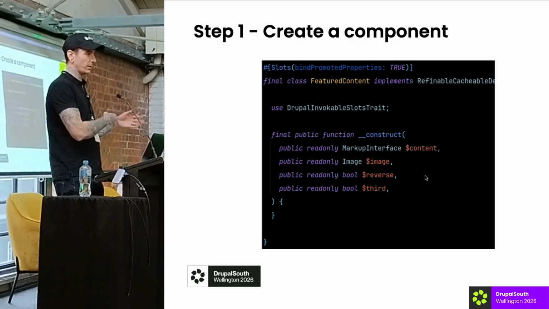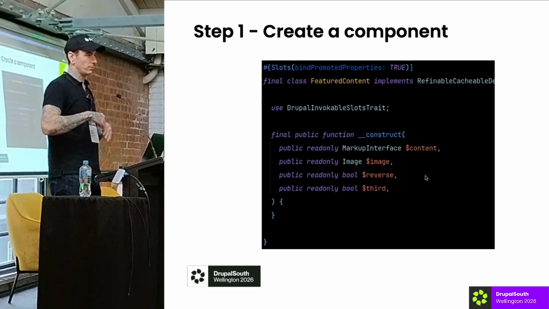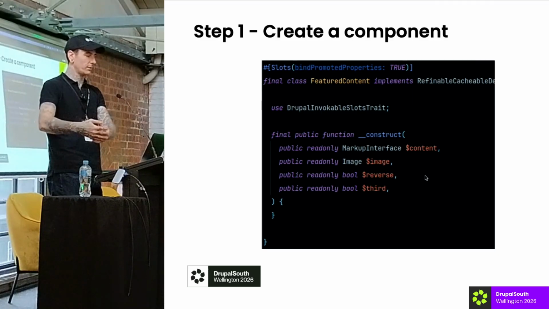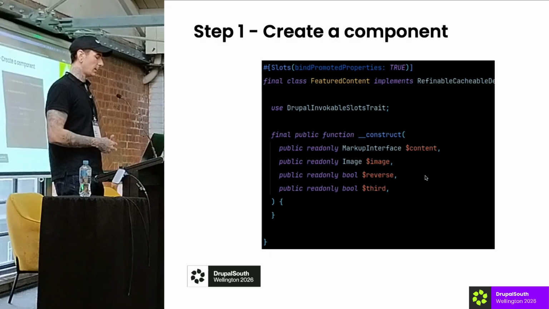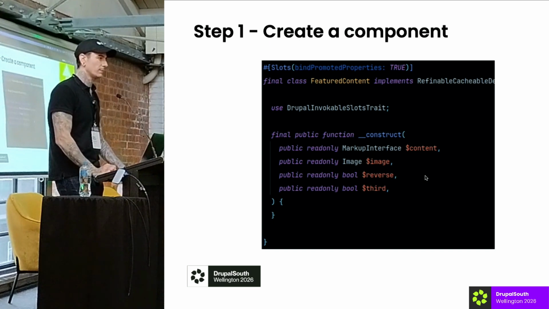We've already got a formatter there that does most of what I want, and you can just call a view method on the field, pass in your settings, and then pass that render array directly to a component. But being able to do that through some sort of UI is an interesting idea.